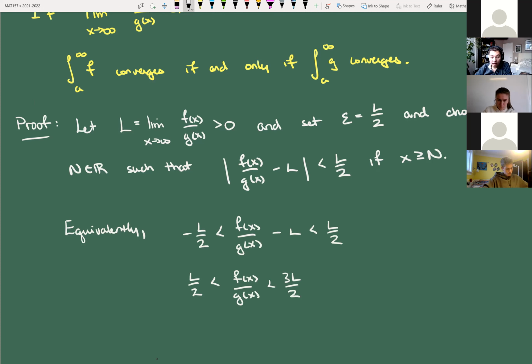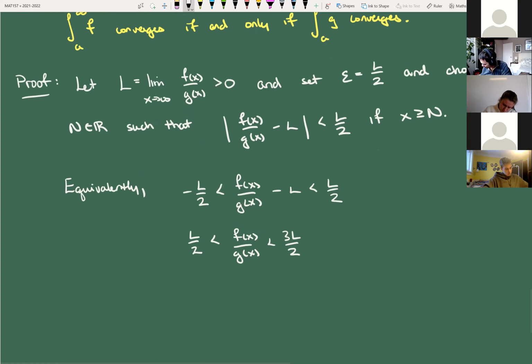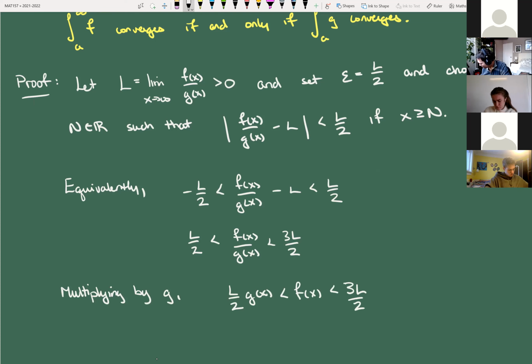Okay, and now g is non-negative, so I can just multiply both sides by g, and if I do that, the inequalities don't change. So I'm going to get L over 2 g of x is less than f of x is less than 3L over 2 g of x.